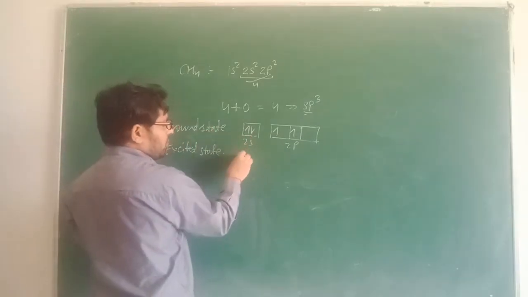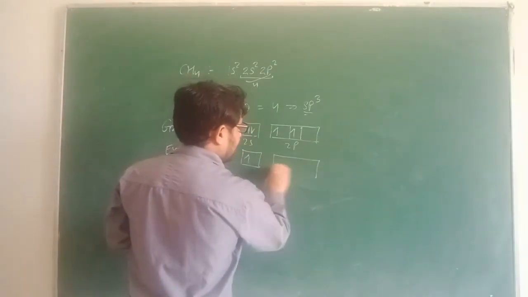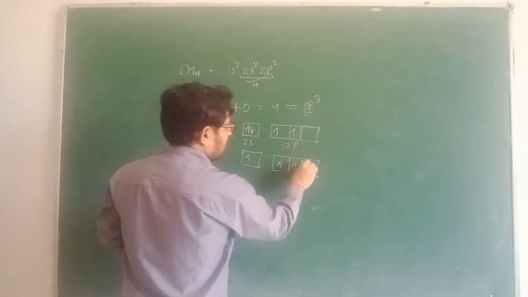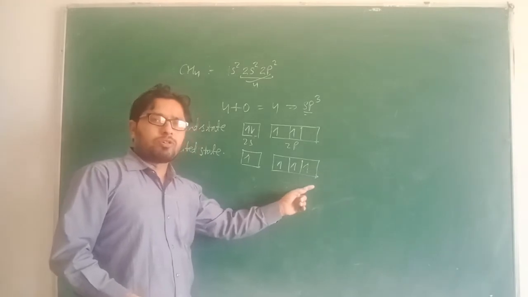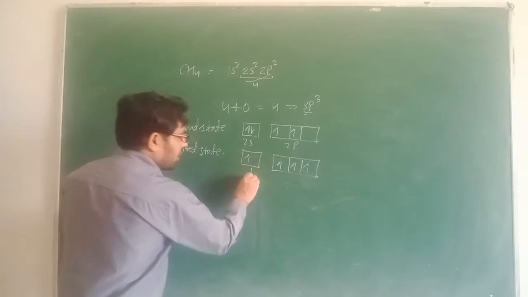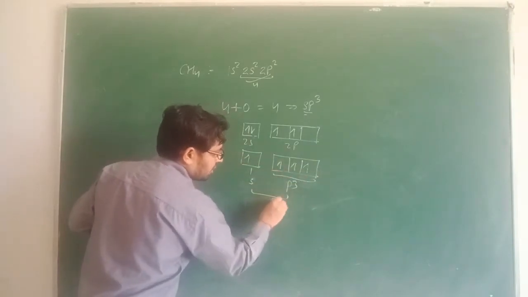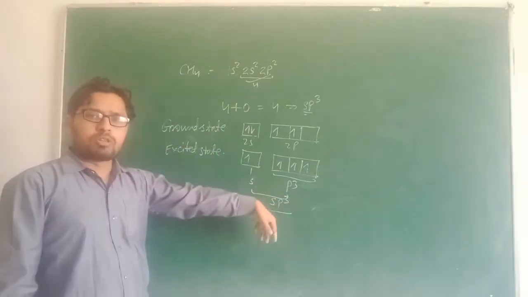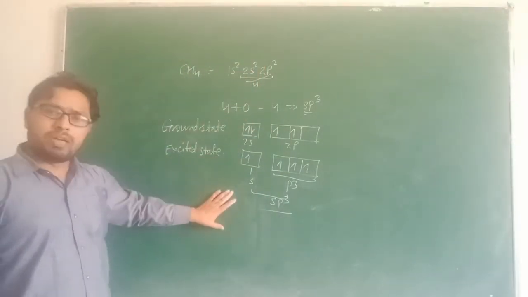One electron is removed from the s orbital and enters the p orbital. So we get 4 hybrid orbitals of equal energy: 1, 2, 3, 4. Of these 4 hybrid orbitals, one is s and 3 are p, so the hybridization is sp3. This is the other way to find out the hybridization. I have explained both ways: one with the help of the formula and one with the help of the electronic configuration.